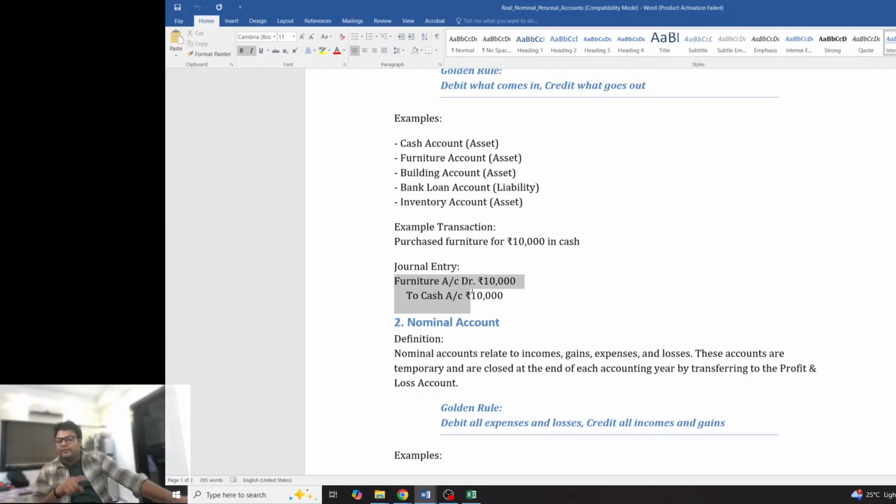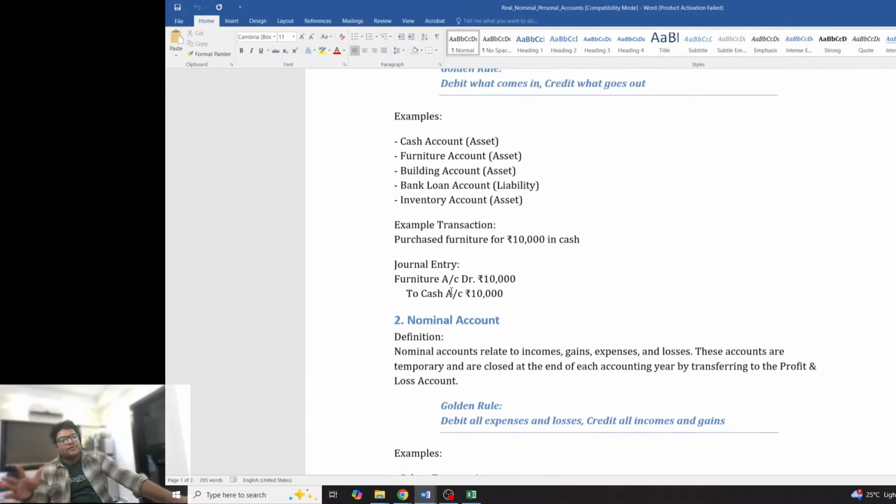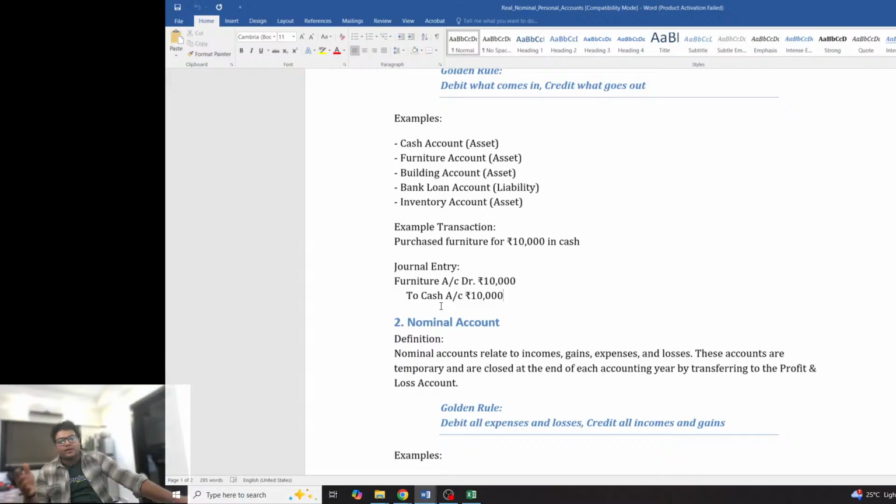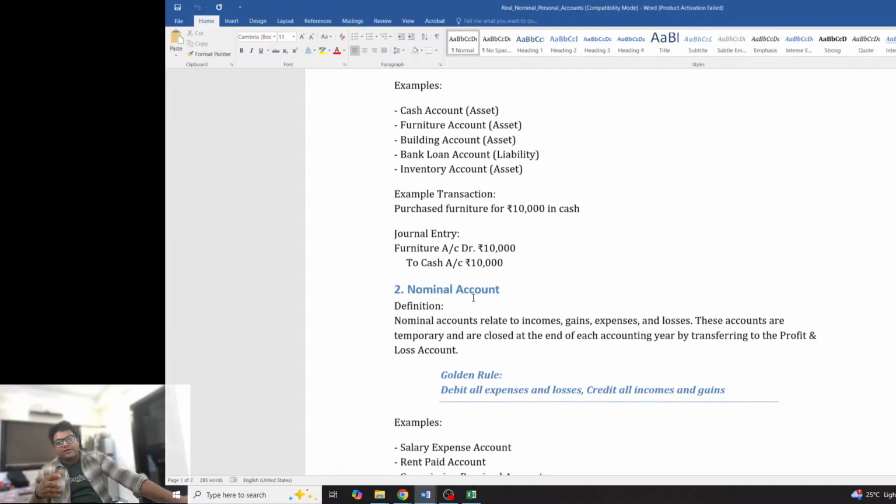Furniture account debit 10,000, to cash account, since cash is what is going out. It is possible that we might buy it on credit, and then instead of to cash account, we might have to creditors account, since we bought it on credit.